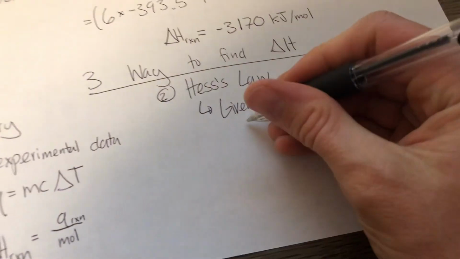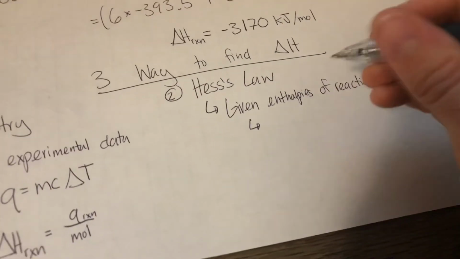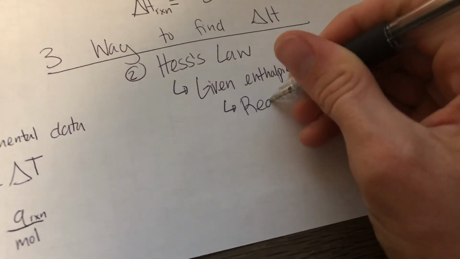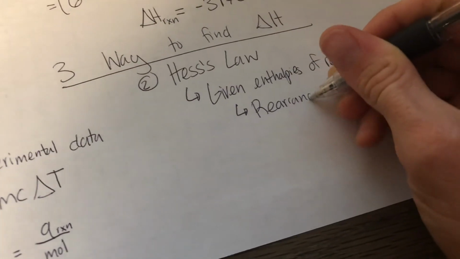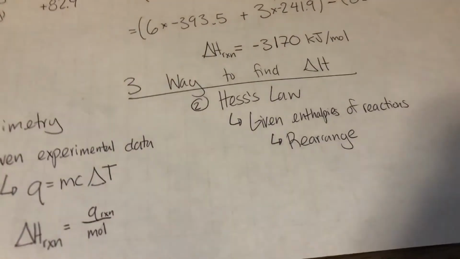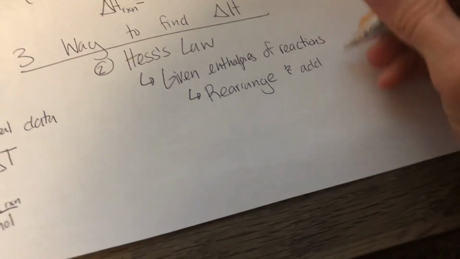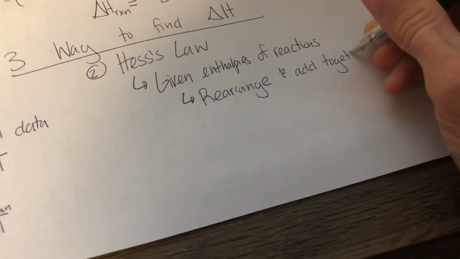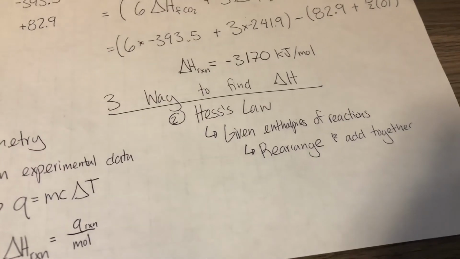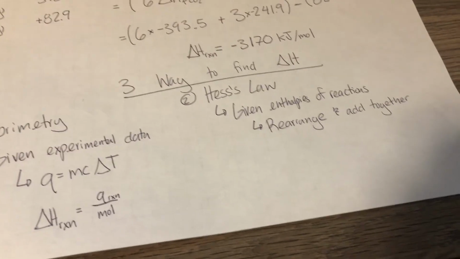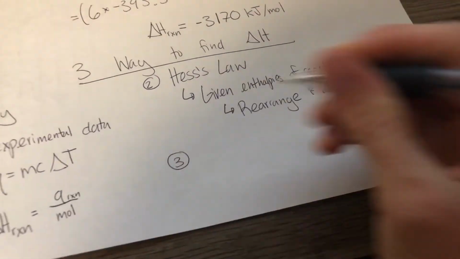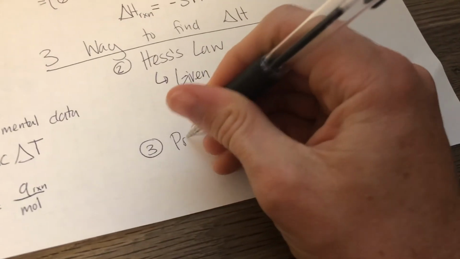From those enthalpies of reactions, you would rearrange, right? Flip the sign, times by 2, so on and so forth, and add together. Basics of Hess's law.